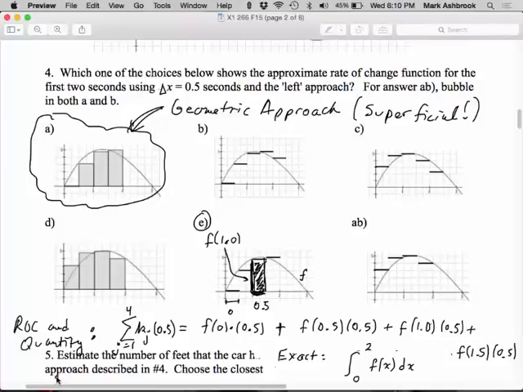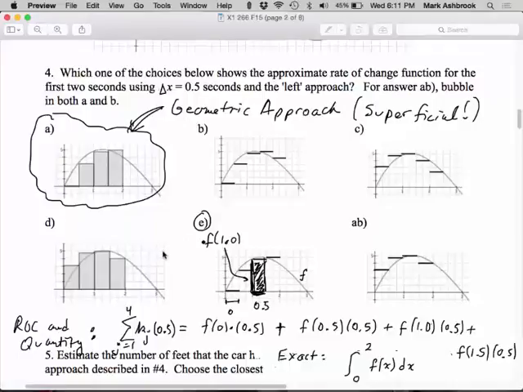Okay, about two quantities changing together, finding the total amount of change given a rate of change graph. Okay, given a rate of change, finding the total amount of change. That's our real profound meaning. And then this just happens to also work. Okay? This geometric approach.